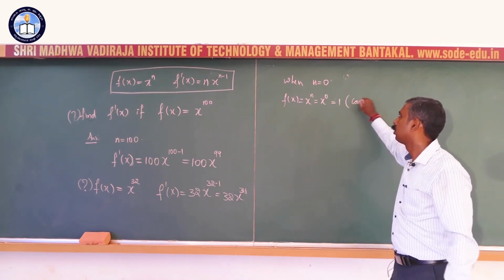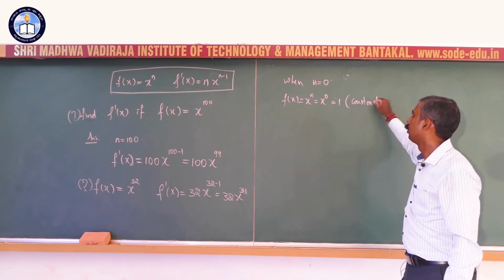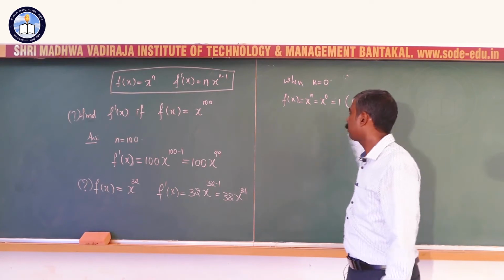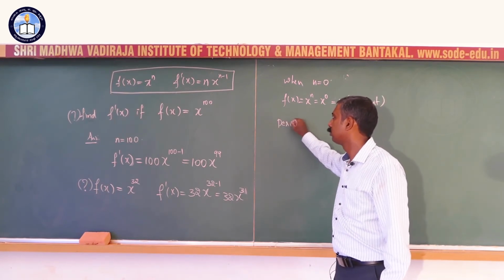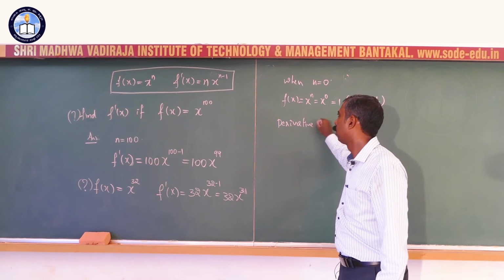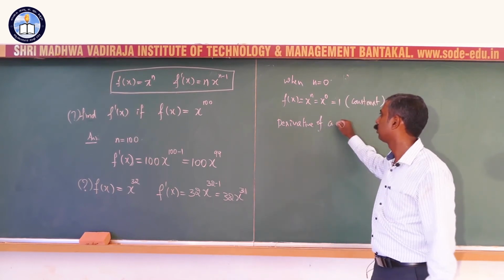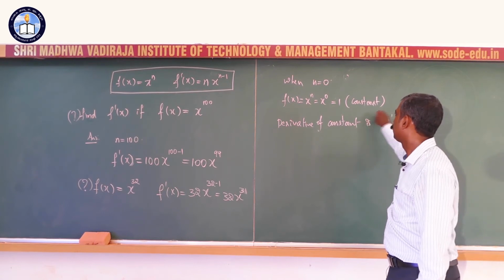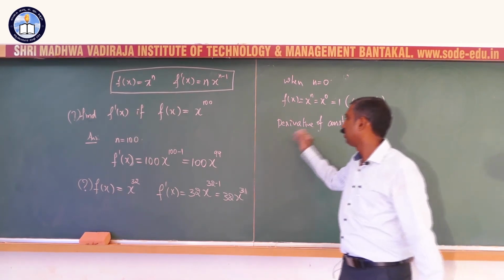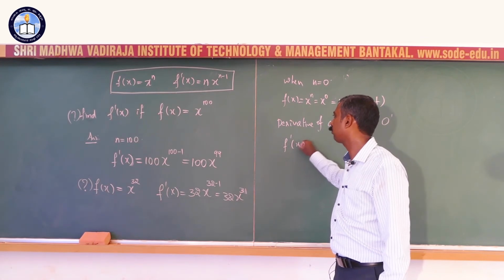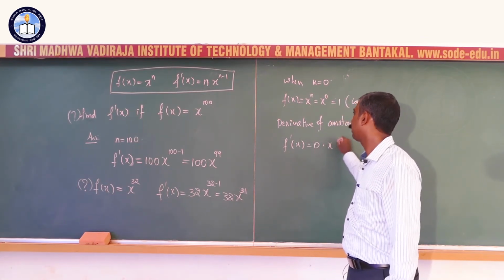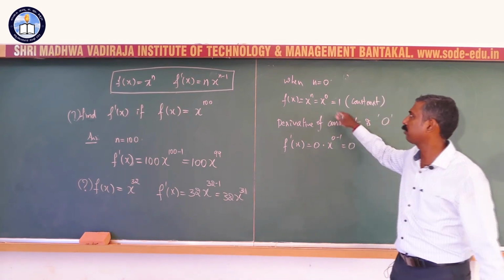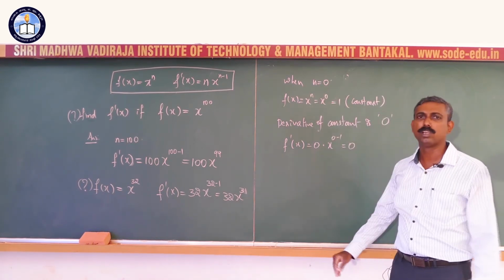What is this? Constant. Just now we have discussed the derivative of a constant is 0. In that sense, f dash of x is equal to 0 into x to the power 0 minus 1, which also equals 0. So, this particular formula holds good when n is equal to 0.